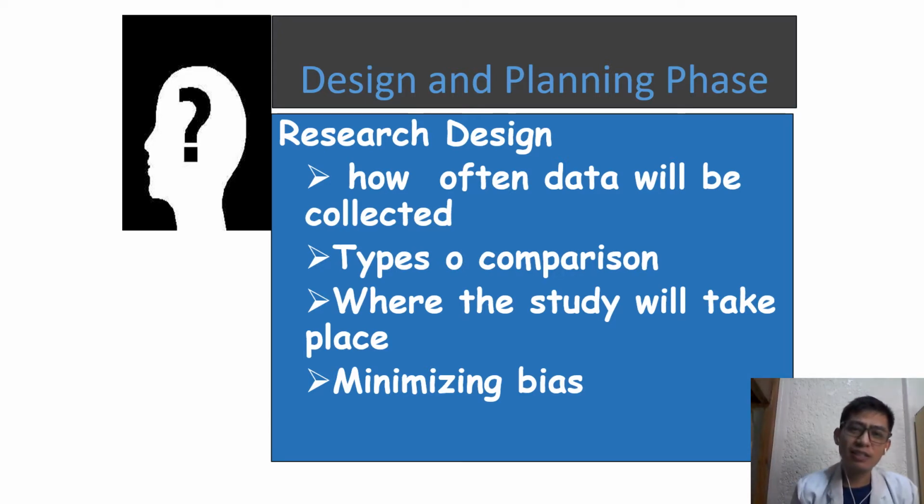You should plan accordingly, because if you have a limited time, say you want to finish your study in 6 months, would you rather limit your sample from regional level to a city level? So that's it. And minimizing bias: in the planning stage, we remove biases.